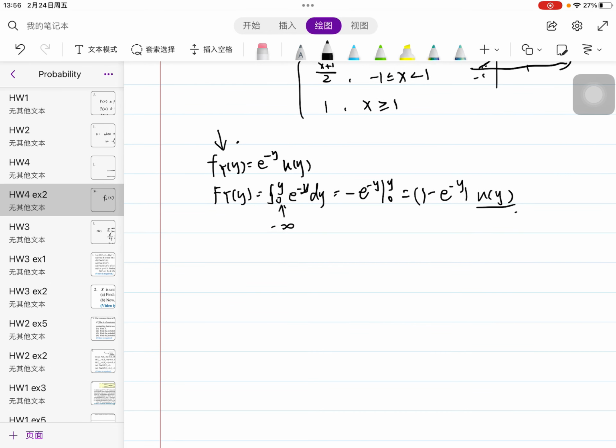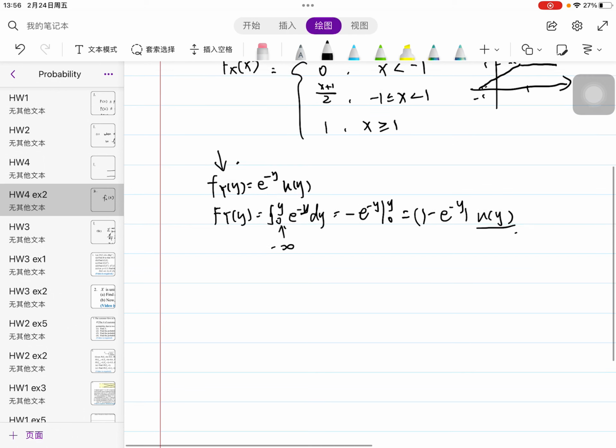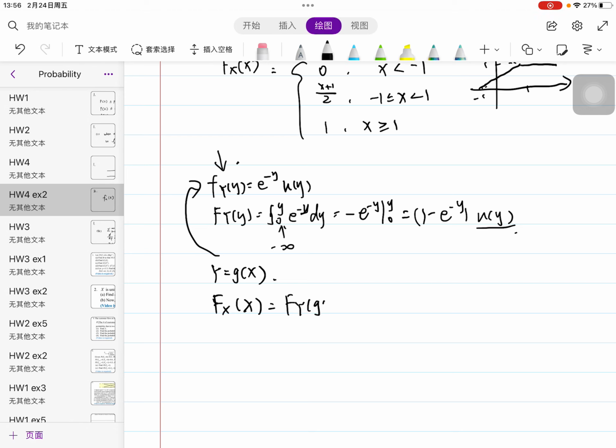So if we have a g(x), and we could get the density function from g(x), so there must be some point where the distribution function of one random variable x is equal to this, right?